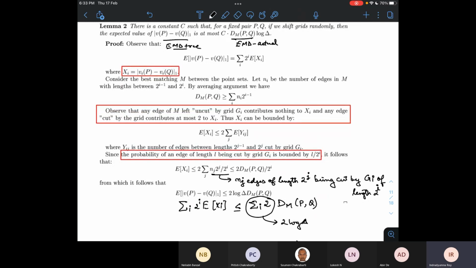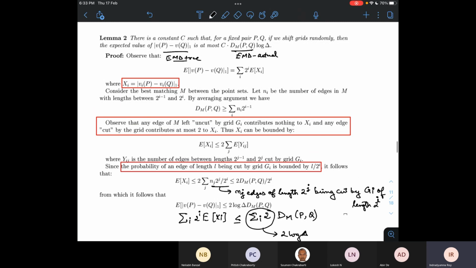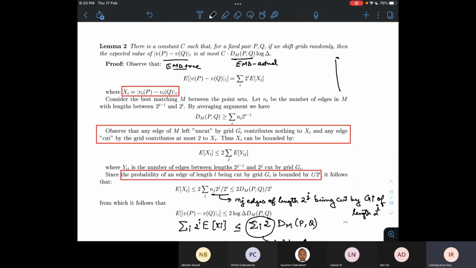So again, earlier I was discussing a very unfortunate case where two points are very close to each other and still fall into separate grids, and therefore instead of this small distance they have to pay this large cost, let's say delta by 2.